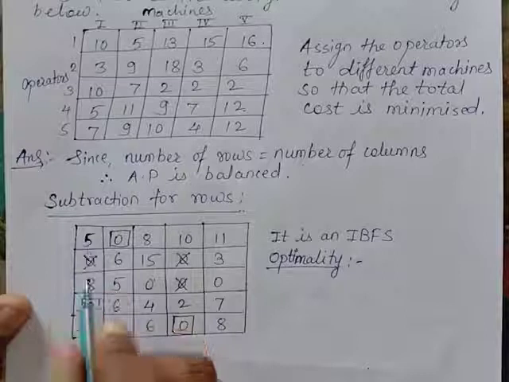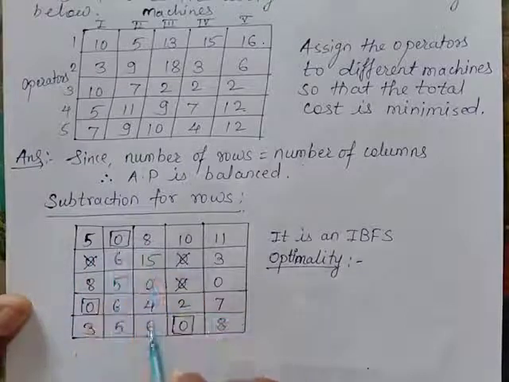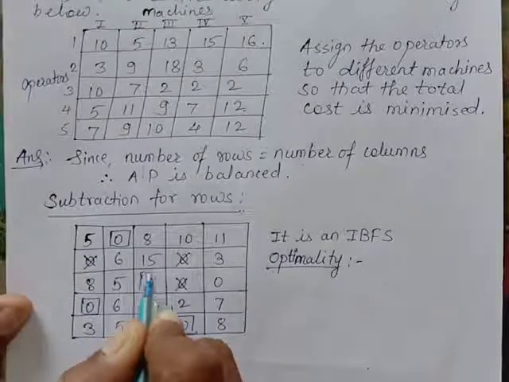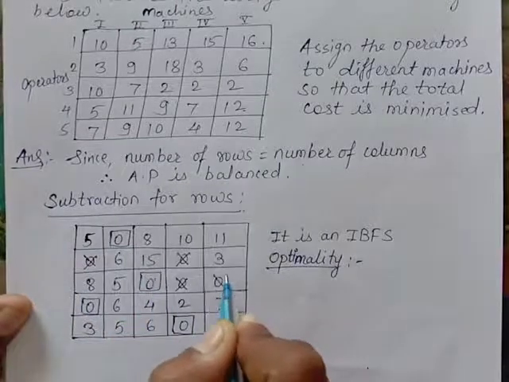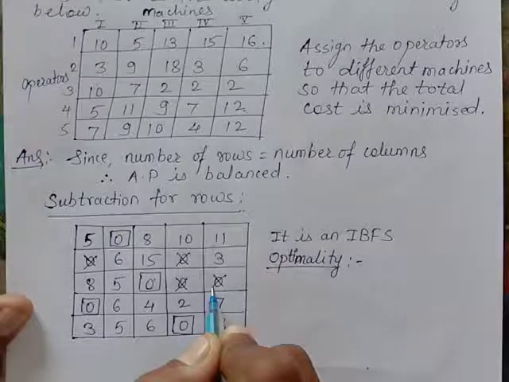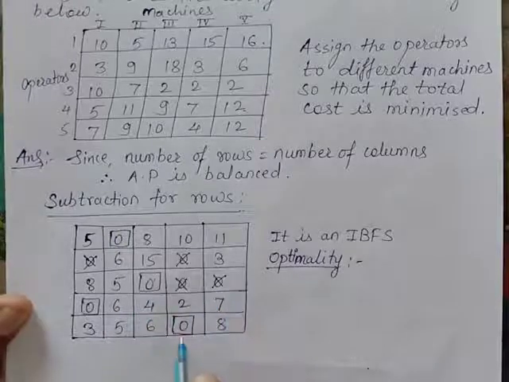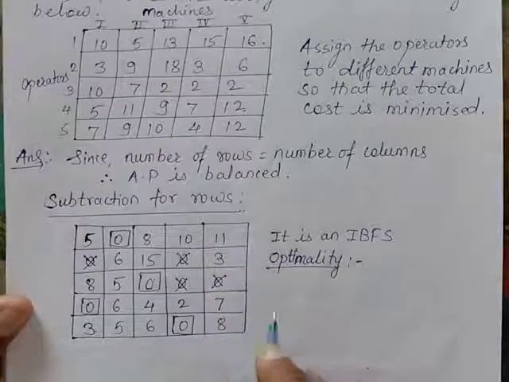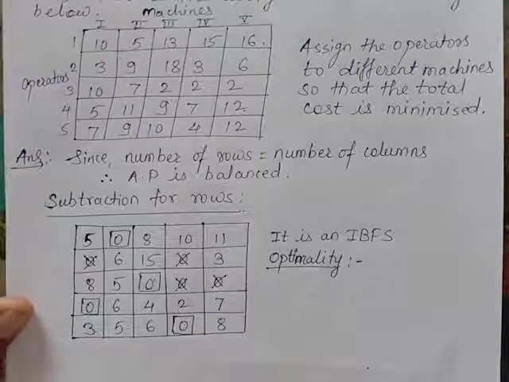Fine. Now this is about the rows. Now look at this column have an assignment, this column have an assignment, this column have a single 0, but there will be no assignment. So let's do this assignment and here we will cross the 0 of the corresponding row. Okay, so here we have done the assignment, but this last one doesn't have an assignment, so this is not an optimal solution. So what can I say?